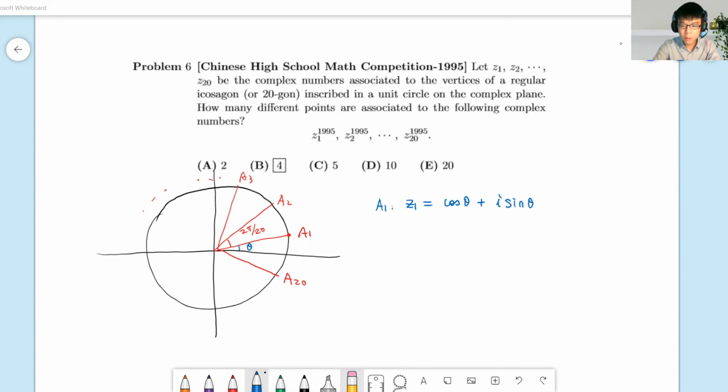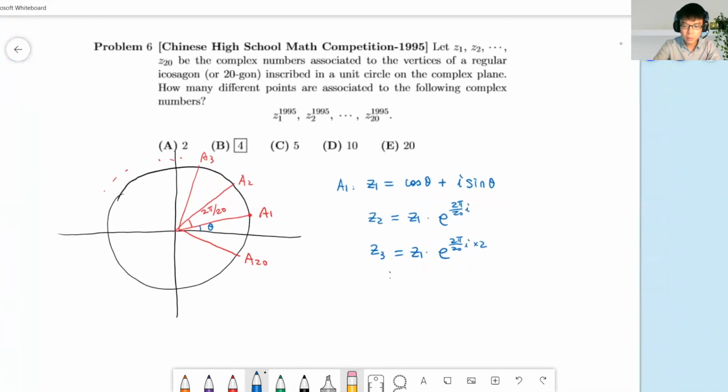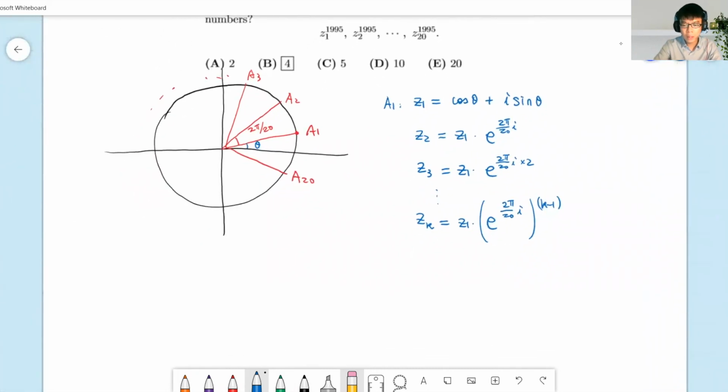So Z2 equals Z1 rotated counterclockwise by 2 pi over 20 i, and Z3 equals Z1 times the rotation twice. Similarly, we can consider Zk equals Z1 times exponential 2 pi over 20 i, rotated k minus 1 times.